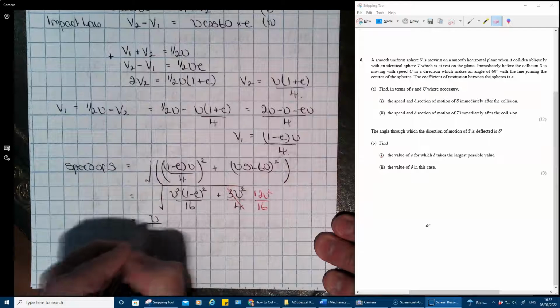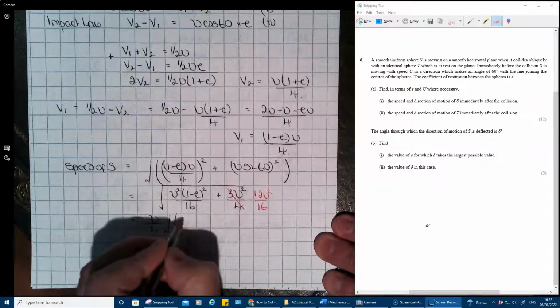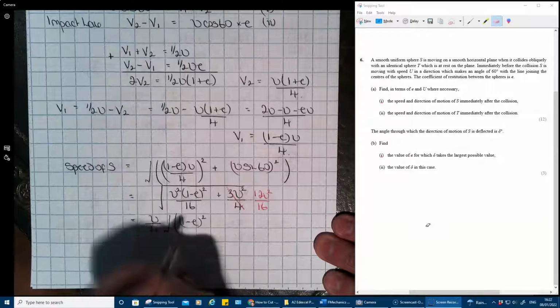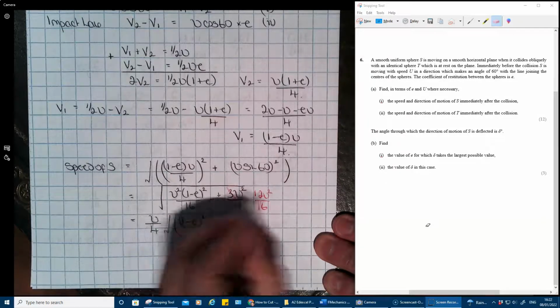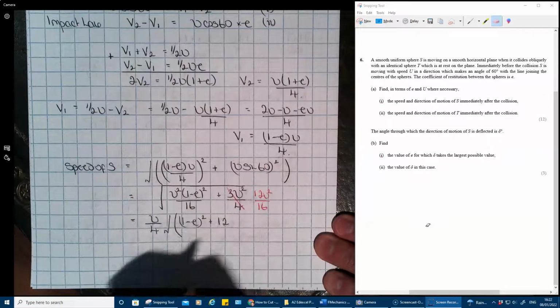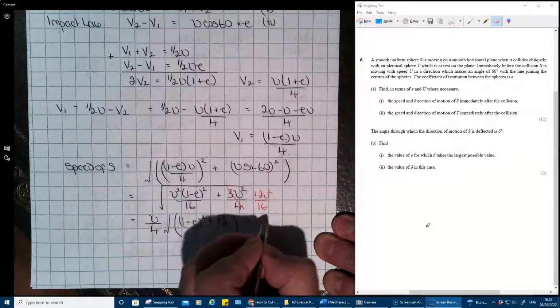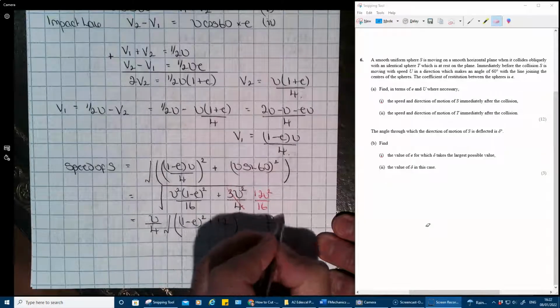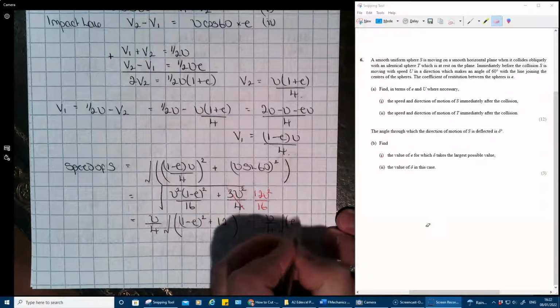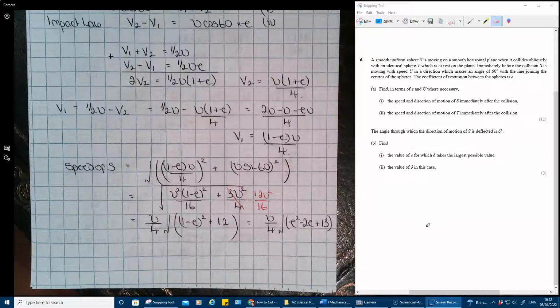Square root of u squared over 16 is u over 4, leaving (1 minus e) squared plus 12, which equals u over 4 square root of e squared minus 2e plus 13. Okay, and the speed and direction.